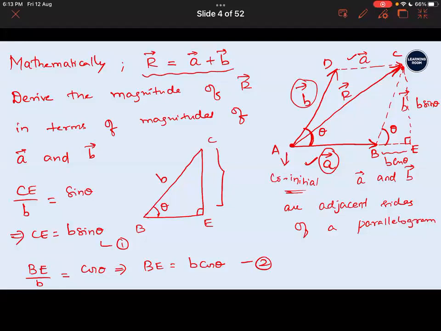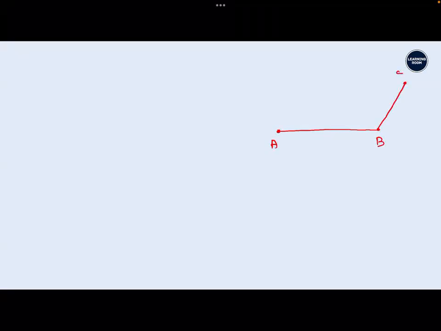Shall I proceed? Yeah. Now concentrate. If I redraw the parallelogram here, then this is ABCD, and this angle is theta. Here also it is theta. You have this as B sine theta and this as B cos theta.